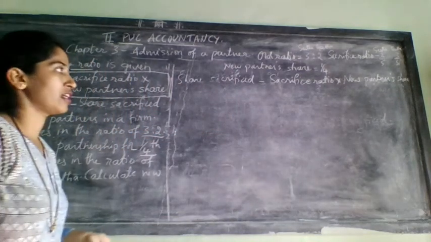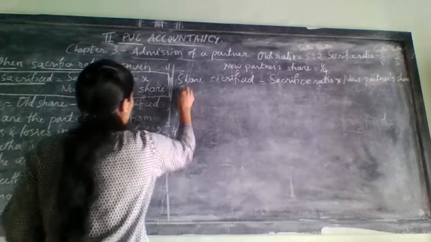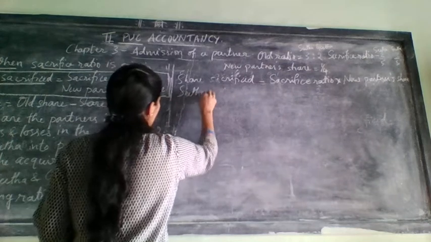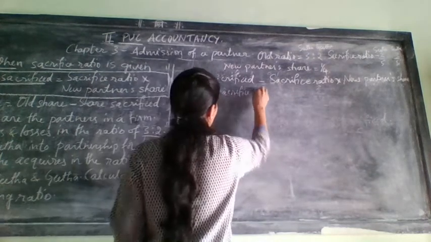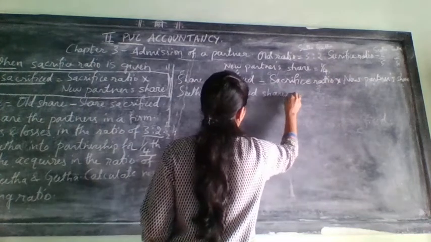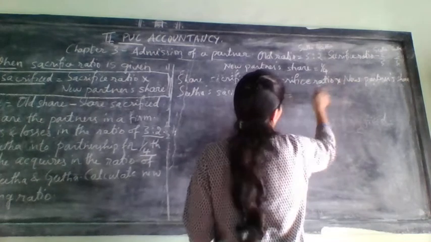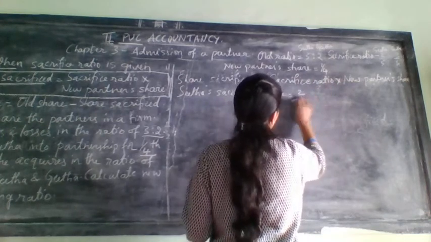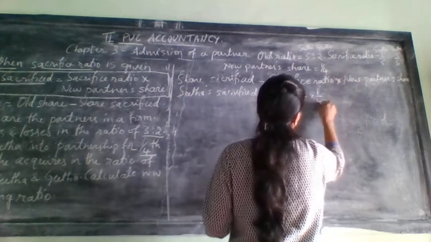So sacrifice ratio into new partner's share. First we will find out for Sita. Sita's sacrificed share. So how much is it? Sacrifice ratio is 2 by 5 into new partner's share 1 by 4.